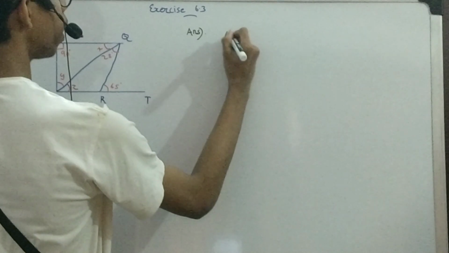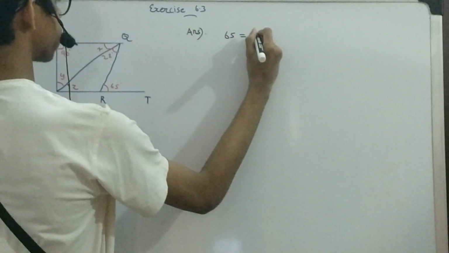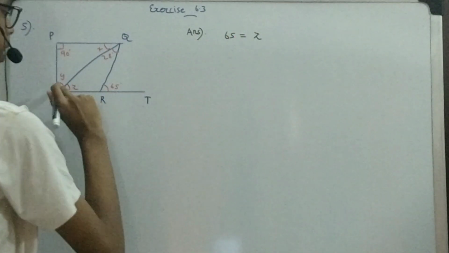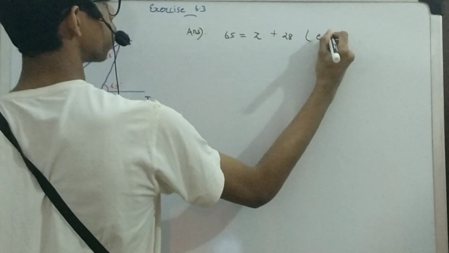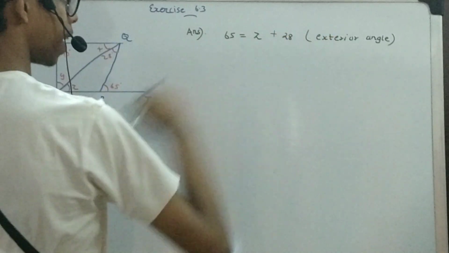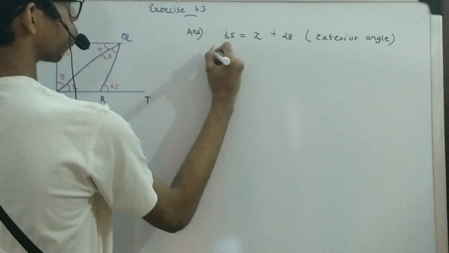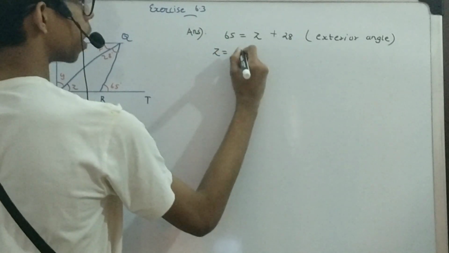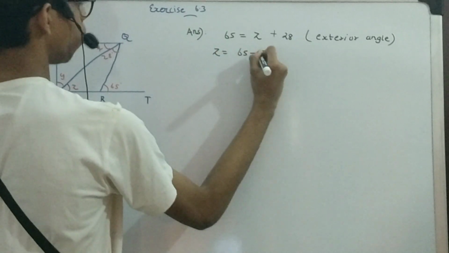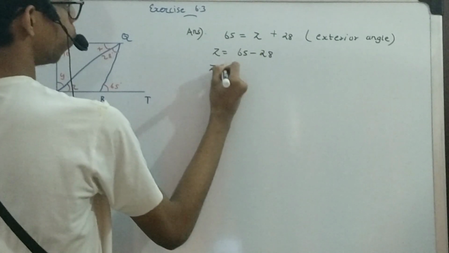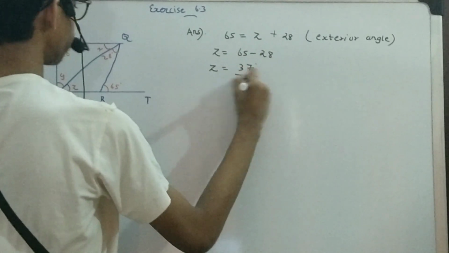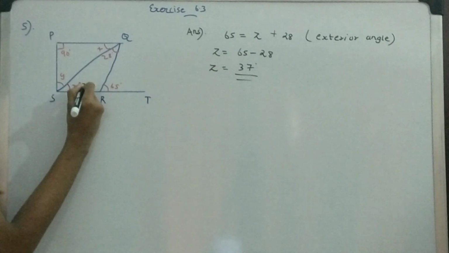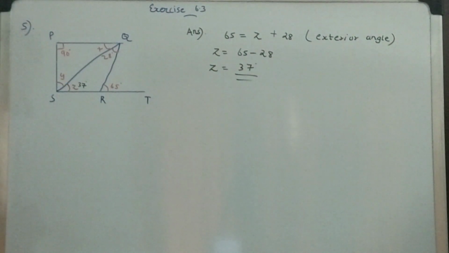Okay, so from here I can write 65 is equal to this angle Z plus 28. Okay, this we have written using our exterior angle property. So from here you will get Z is equal to 65 minus 28. So you will get Z is equal to 37 degree. Okay, that is we got this angle is equal to 37 degree.